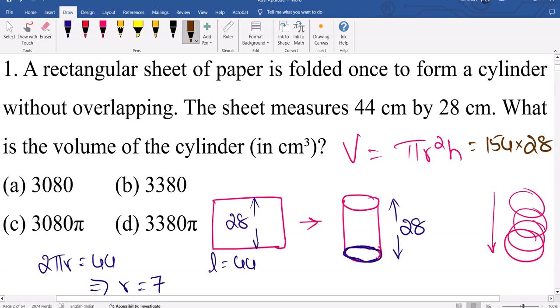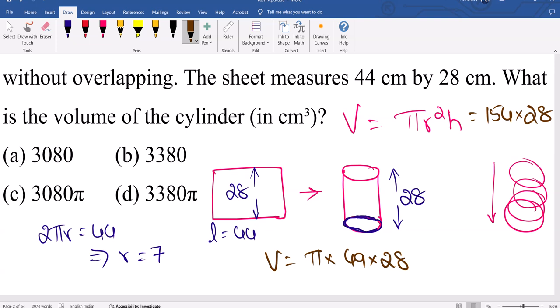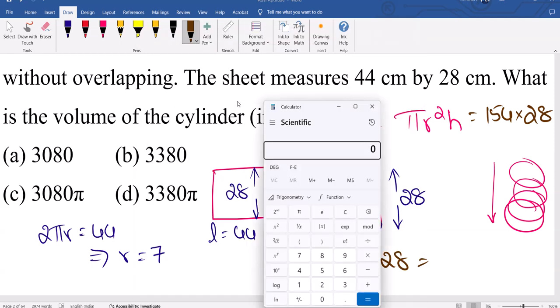But what is available here? Or what we can do, 2 pi r h is one side we can have. We don't have an option, but what's the answer we have to get? If we keep that pi as it is, what will happen? Pi as it is, r squared is 49 into 28, but still we don't get the option. They mentioned something there, but that is not possible. That is a mistake in the calculations, maybe in the options, but this procedure is correct, don't worry about it.